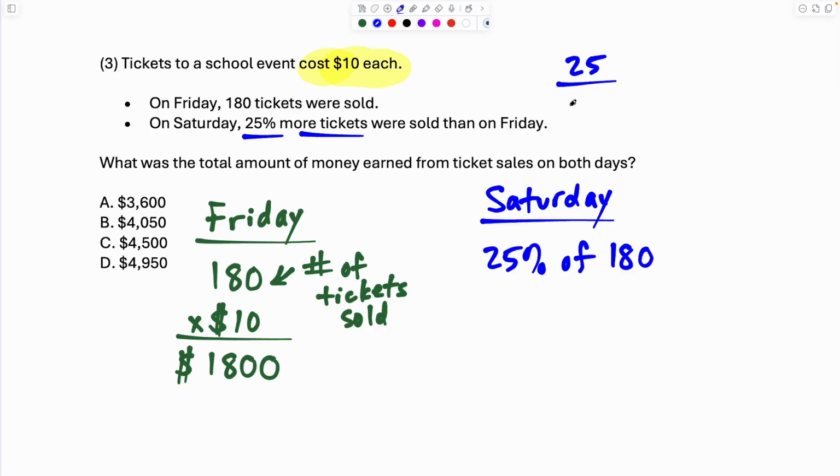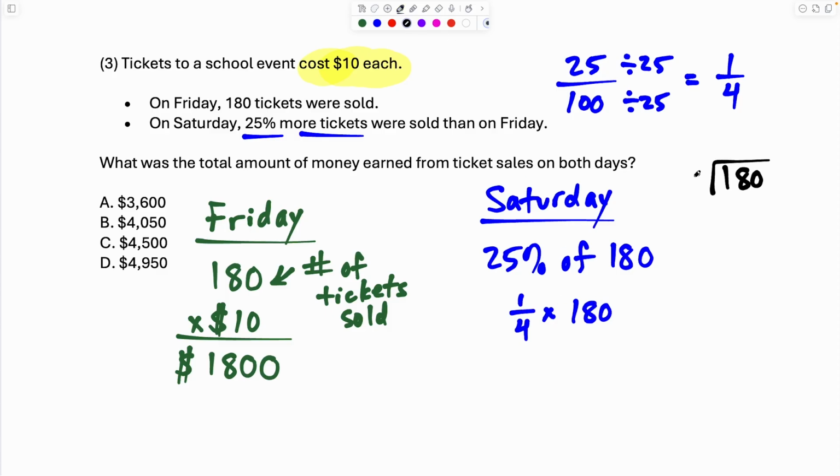If we ever forget that, you could always say 25% is 25 out of 100, and then reduce this fraction by dividing numerator and denominator by 25 to get 1/4. So really we're taking 1/4 and multiplying that by 180. But when you take 1/4 of 180, you're really just doing 180 divided by 4.